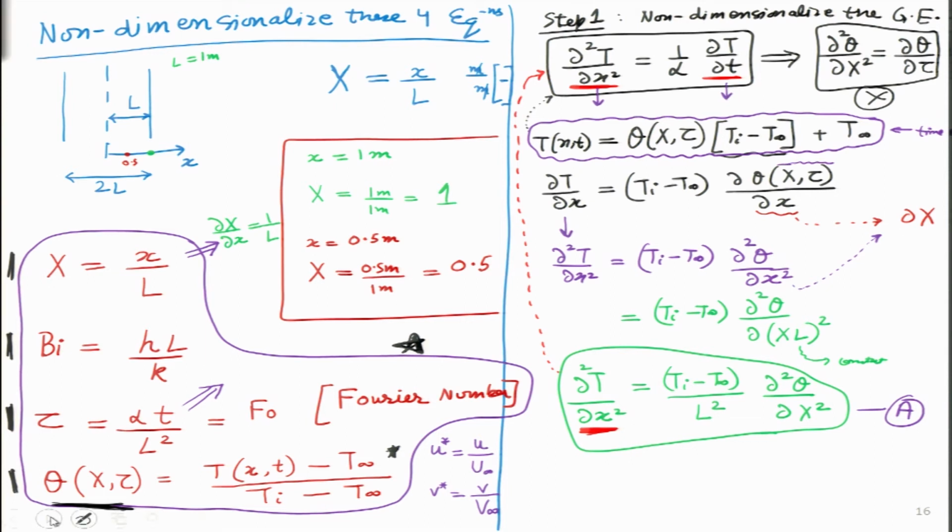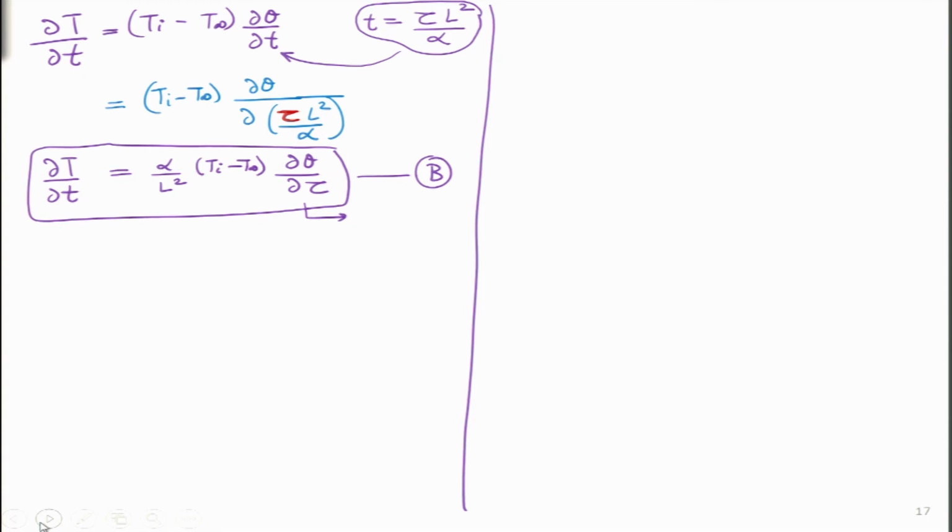So now let me substitute A and B into my governing equation. Let me rewrite my governing equation. Del square T by del x square is equal to 1 by alpha del T by del t. Now how did I non-dimensionalize this?